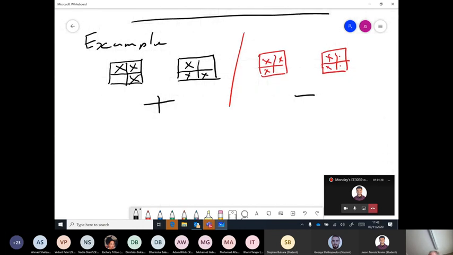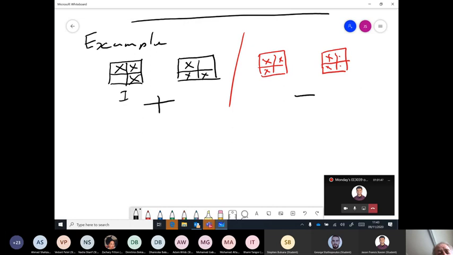We now need the vectors. And to obtain the vectors, scanning, remember we start scanning from the top left.